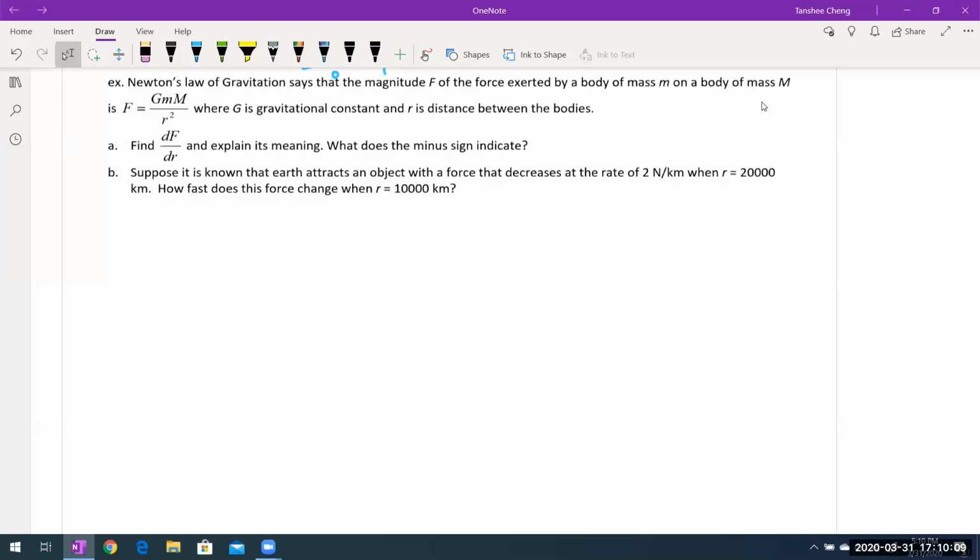When you take physics 1, you're going to see one of the famous Newton's laws of gravitation. It's basically this formula: F equal to G times little m times uppercase M divided by R squared. That's talking about the force exerted between two objects with two different masses, or it could be the same mass.